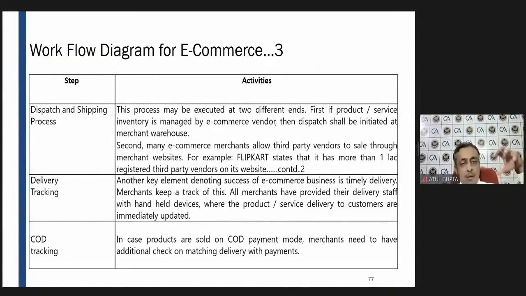So the dispatch is not from the e-commerce merchant warehouse, but from a third-party vendor. Tracking of the delivery, in fact, we all do it. If it is cash on delivery, as soon as the product is delivered, you pay the cash to the delivery person, and it is updated in the system. Absolutely all done in an electronic manner.